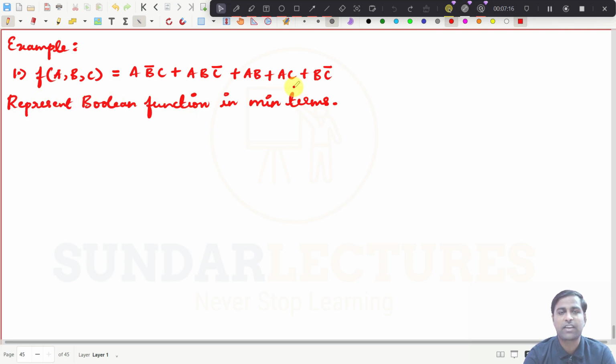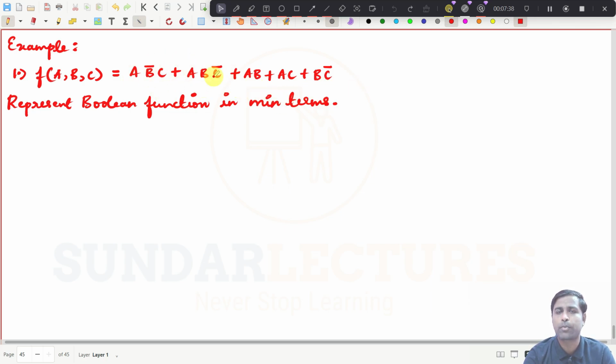Try to understand. If they have given you like this, see here, whenever you need to represent a boolean function or boolean expression in minterms or in max terms, then that particular function should be in canonical form. If it is not, then you have to convert that function into canonical form. See here, this is not in canonical form, right?